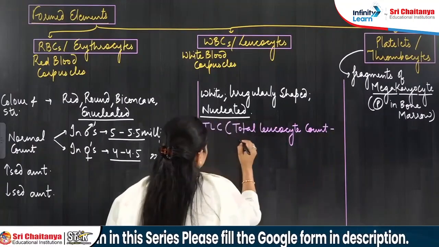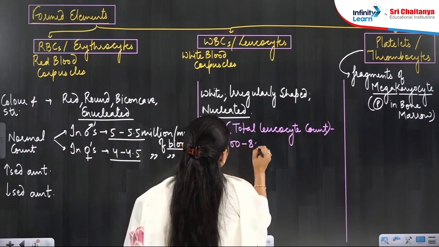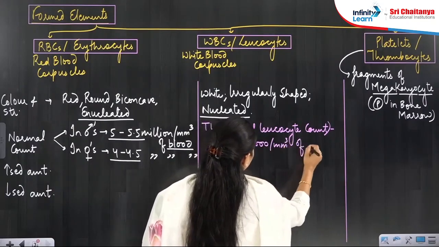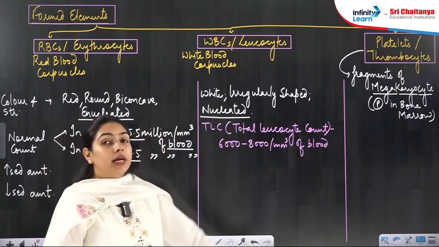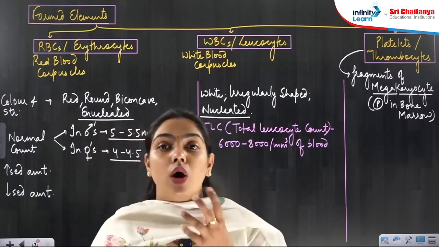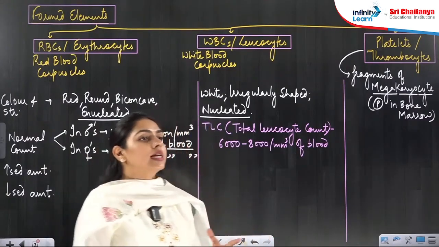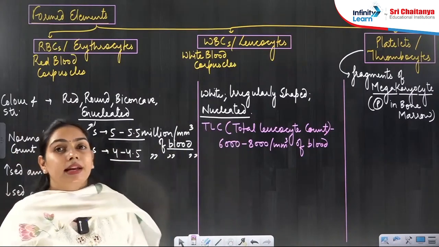That is 6,000 to 8,000 per cubic millimeter of blood. So WBC is in thousands. RBC is in millions and platelets are in lakhs.